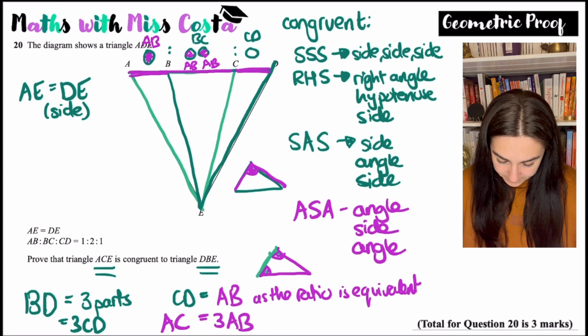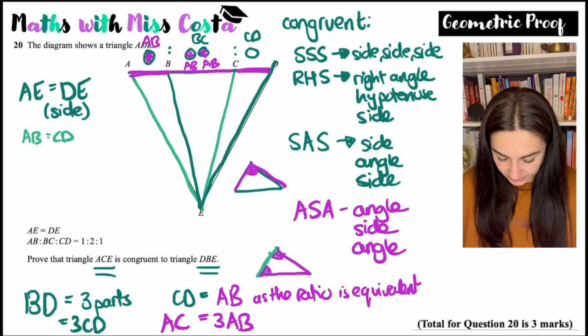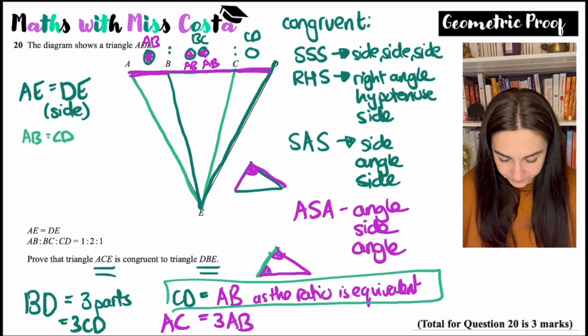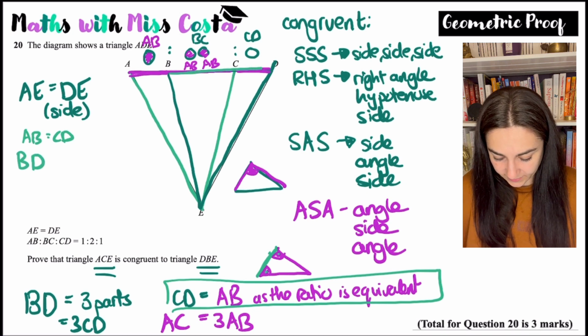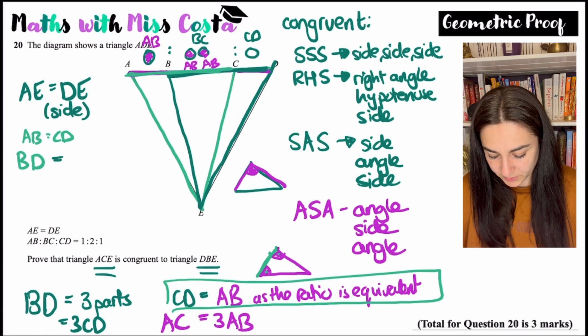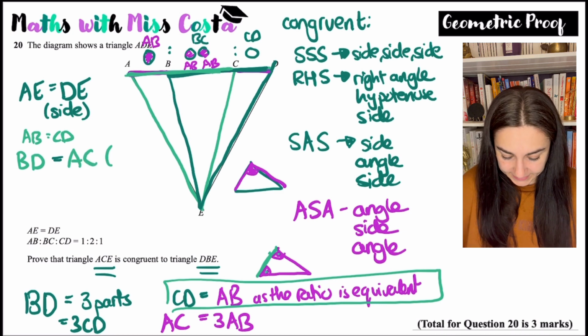And I know that AB equals CD because they are both equal to 1 part. So therefore, I know that BD, which is this line here, for this triangle, equals AC, which is the bottom line for this triangle. So that's another side.